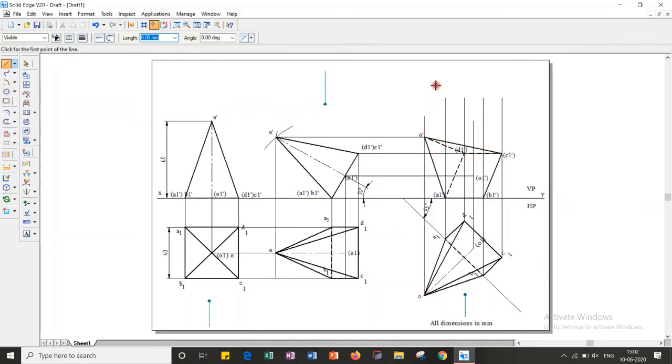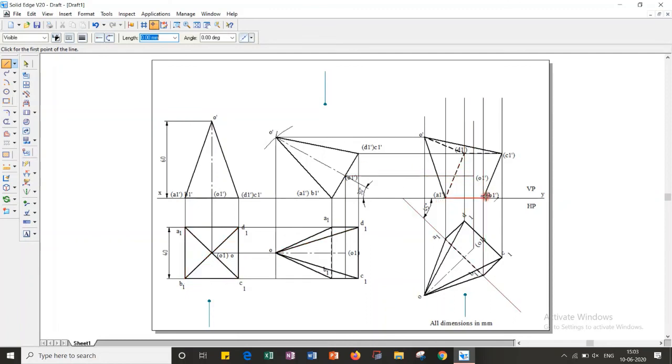I told you there should be three lines from every point. If you consider A1, there are three lines, line number 1, 2, 3. If you consider B1, I am having only two lines. That means one line from B1 is missing. To identify the missing line, again you can refer this first diagram. One from B1 to O, B1 to C1, B1 to A1.